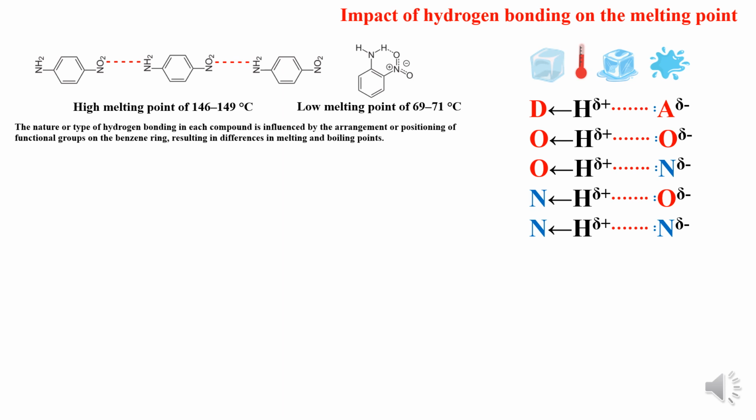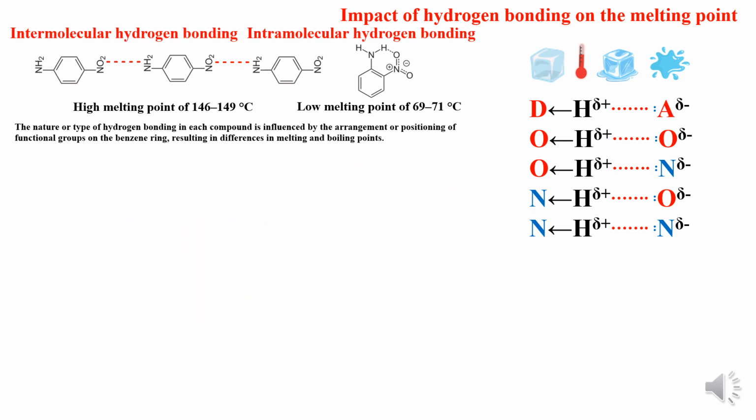If you observe the structure of para-nitroaniline, you will find that the amino group and the nitro group are para to each other, while in case of ortho-nitroaniline, the amino group and the nitro group are ortho to each other. That is to say, they are in close proximity. And because of the close proximity of the amino group and the nitro group in ortho-nitroaniline, they tend to interact with each other, resulting in intramolecular hydrogen bonding.